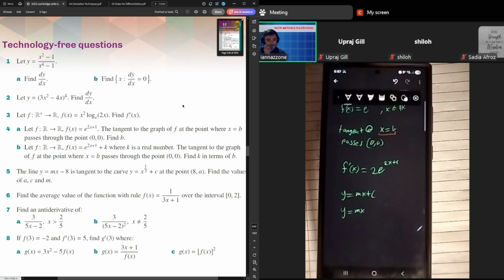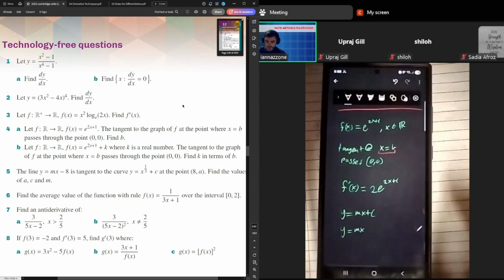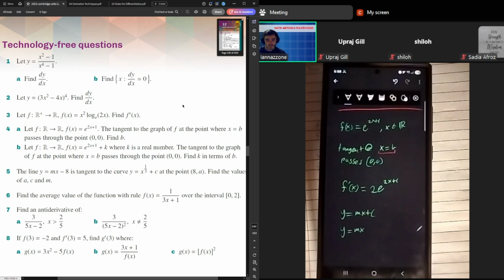The hint is that derivative and gradient are closely related to each other. Derivative is kind of like the function that tells you all possible gradients of the function, but we want a very specific gradient. We want the gradient of the linear. Reminder that the linear is taken at x equals b.